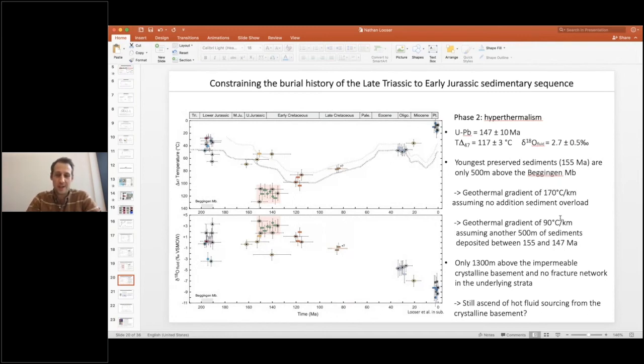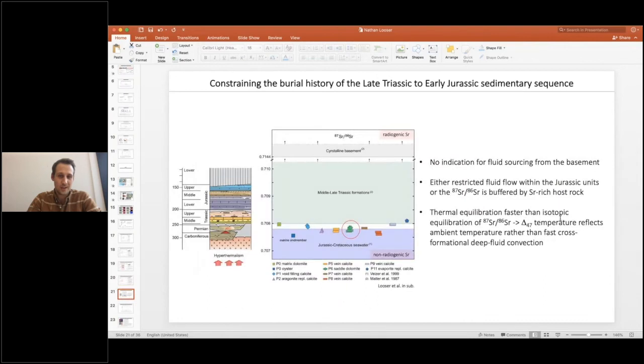So we just want to check: is there a hot fluid sourcing from the crystalline basement? And for that, we analyzed strontium isotopes, which you can see here. So the idea is, do we have any constraints that there was fluid flow with the signature from the basement into the lower Jurassic horizon?